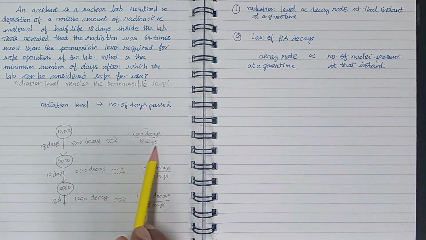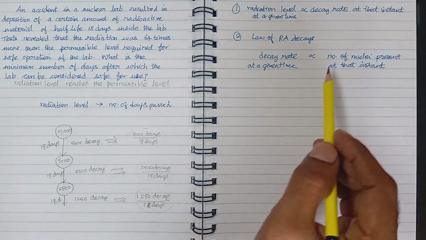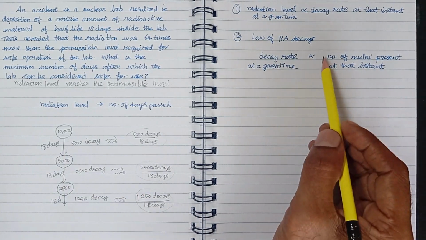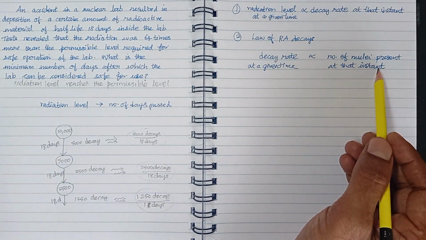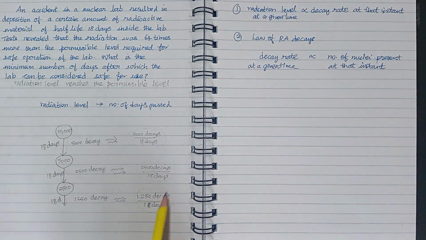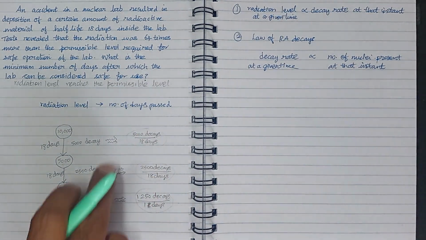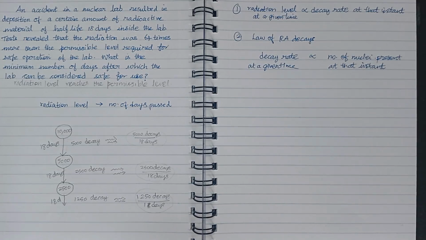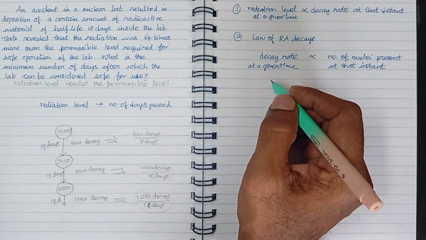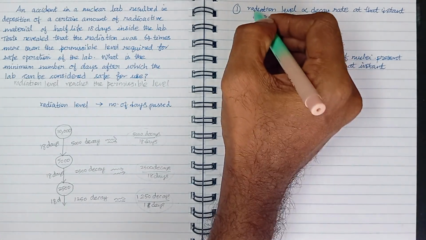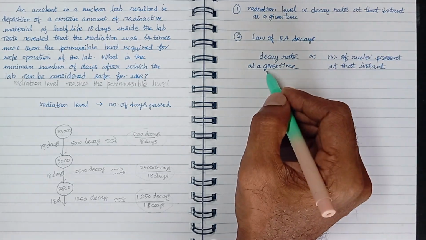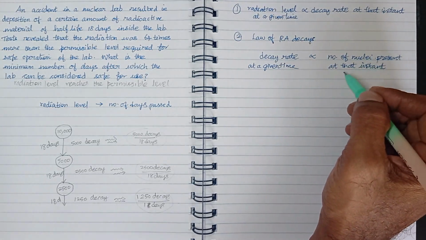Actually, in this example I am talking about the average decay rate, but the law is about the instantaneous decay rate. So the decay rate at a given instant is directly proportional to the number of nuclei present at that instant. This illustration can help you understand this law. Even though we talk about the average decay rate, it gives an idea of how the radioactive decay law works. Now if you combine these two, the radiation level is directly proportional to the decay rate at that instant, and this decay rate is directly proportional to the number of nuclei present at that instant.